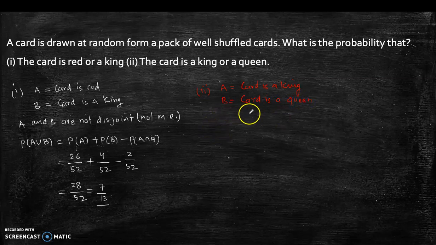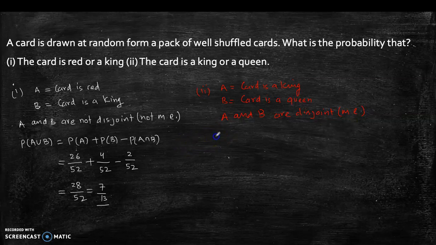Since these two events are different from each other, that means they cannot happen at the same time. It's not possible that you pull out a card and it is a king and also a queen. So it cannot happen. So A and B in this case, in the second part of the problem, are disjoint. Or you can simply say they are mutually exclusive.